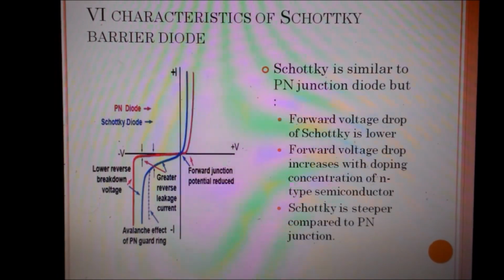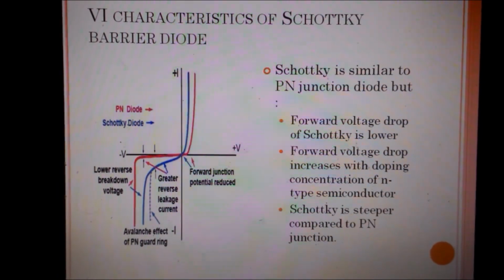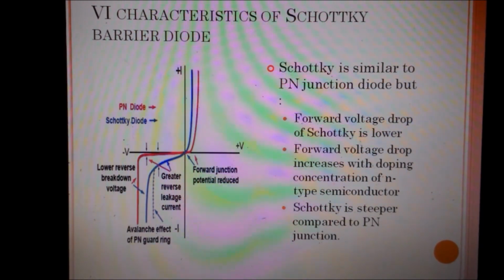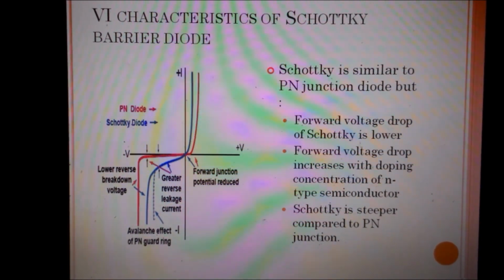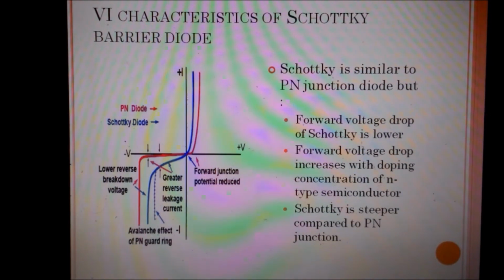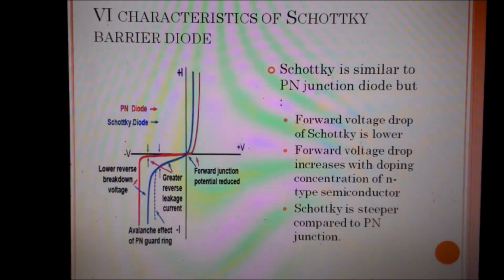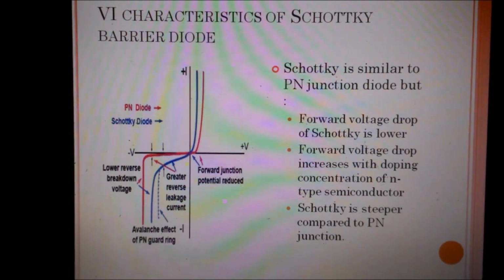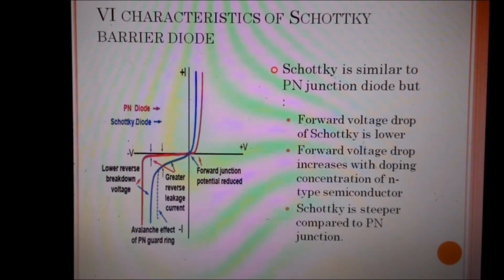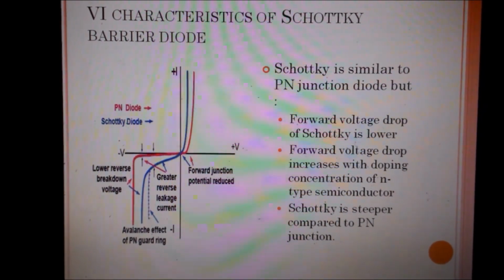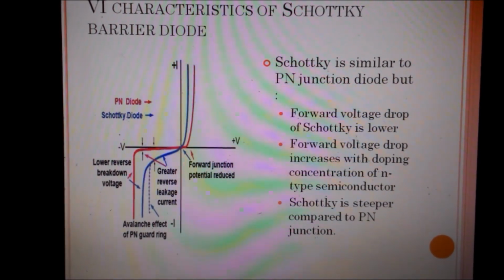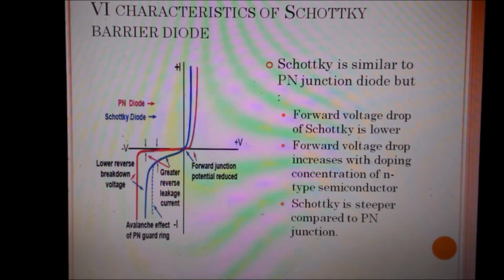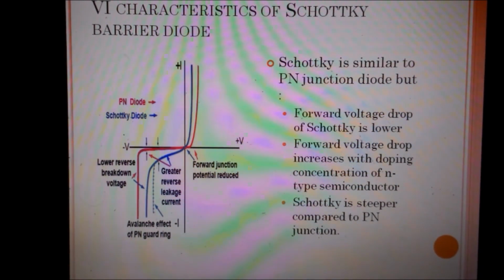Hi, I am Afika and I will proceed with our presentation on the characteristics of the Schottky barrier diode. As shown in the figure, the PN diode is in red while the Schottky is in blue. The characteristic of the Schottky barrier diode is similar to the PN junction, except first, the forward voltage drop of the Schottky barrier diode is low compared to the PN junction diode.